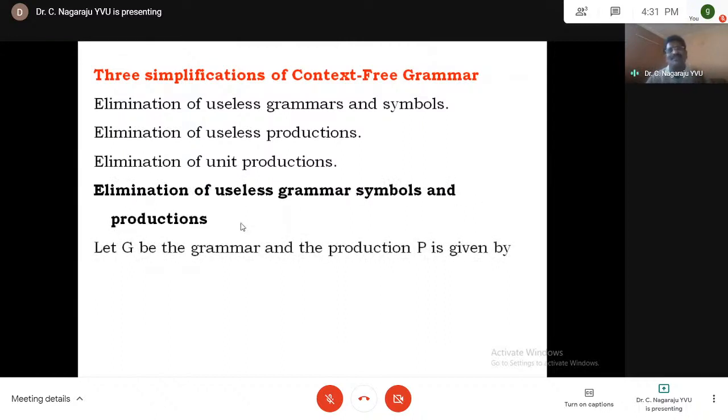This is also very important for GATE, because sometimes they give this kind of question.